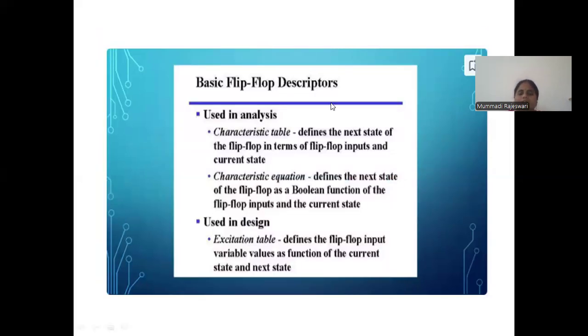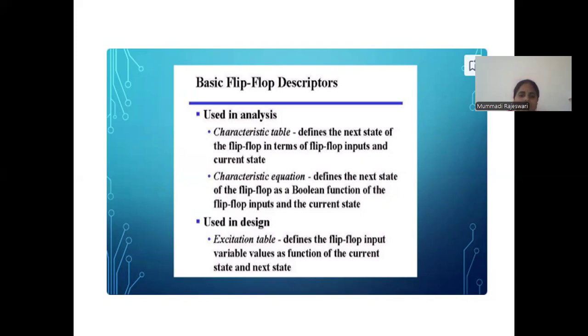Here we have flip-flops with a characteristic table, characteristic equation, and also an excitation table. In the characteristic table, the next state of a flip-flop depends on the inputs as well as the present state of the flip-flop.